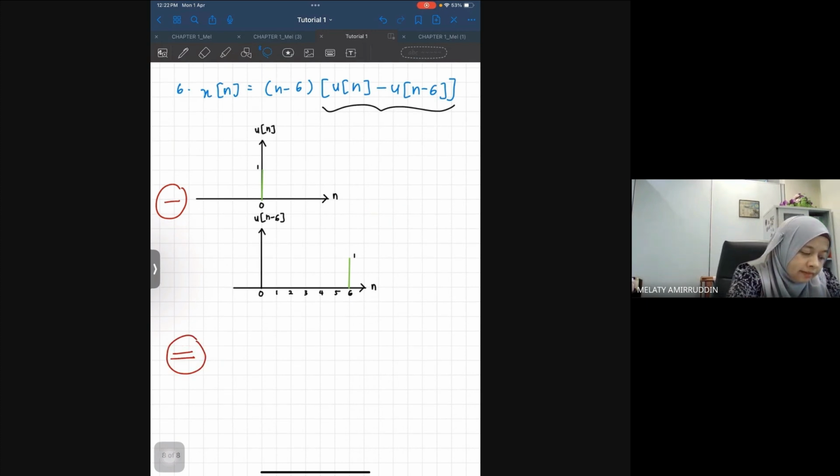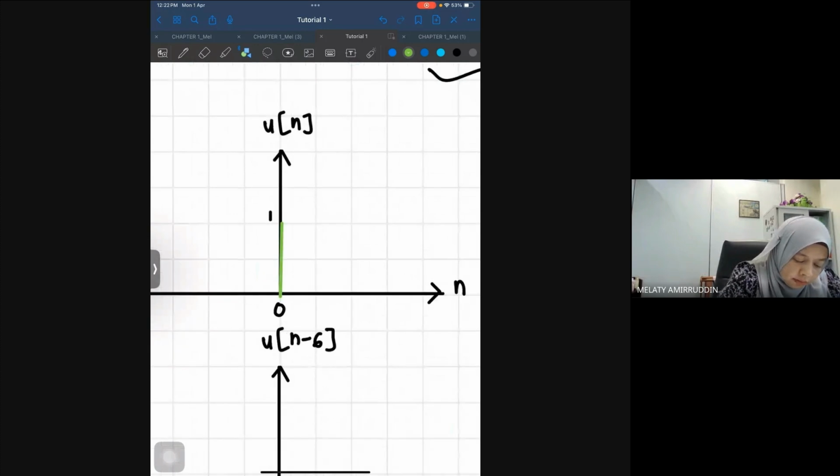So you will get... sorry, this is unit step signal, not impulse signal. So your signal will be like this.